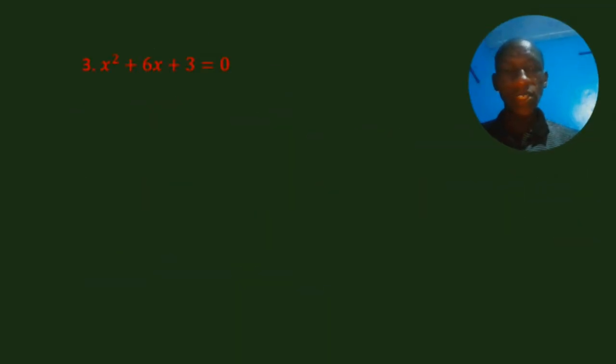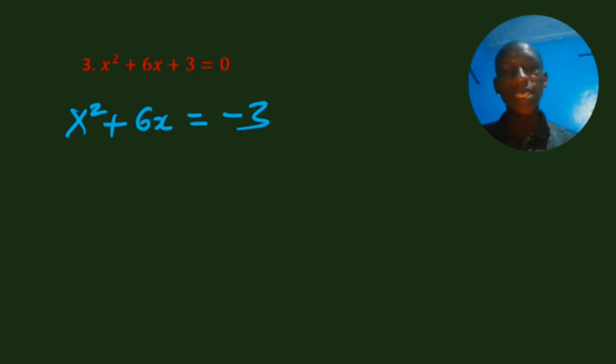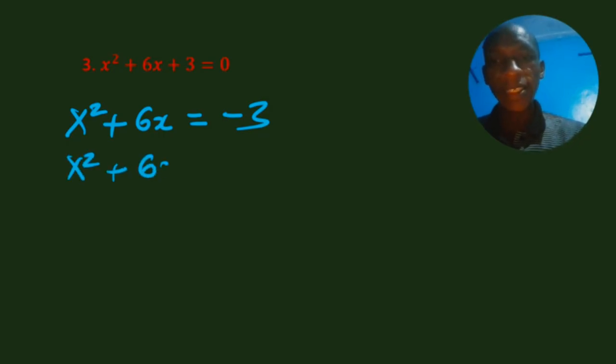Example 3. Pay more attention so that you get to understand it better. So example 3, we have that x squared plus 6x is going to be equal to negative 3. So 3 will now cross the other side, we have negative 3. So this is same as x squared plus 6x plus c is equal to negative 3 plus c. Remember the coefficient of x squared is 1.